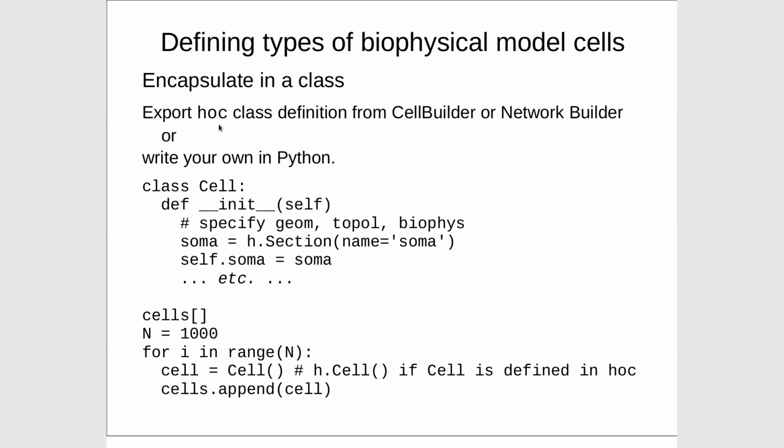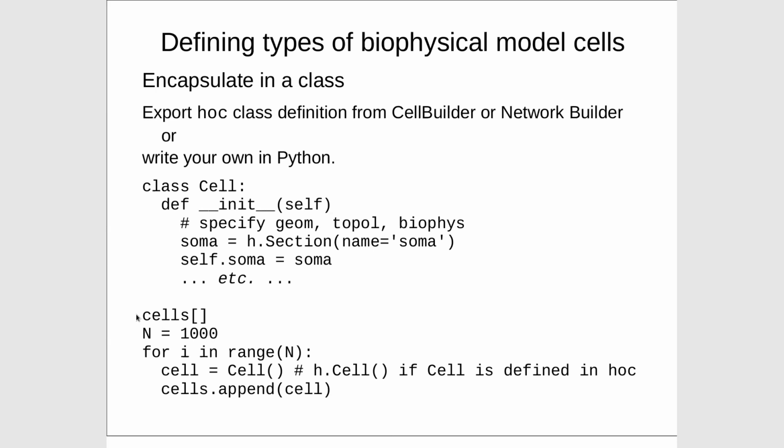If we're going to be using biophysical model cells, we're going to be either using something generated from a cell builder or a network builder, or we're going to be writing something in Python. And Robert's got a really nice example of this, how to define a cell class. This is just sort of toy example stuff that indicates that we're defining a cell class, so that then we can go and use our cells.